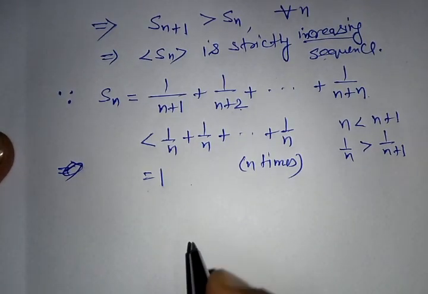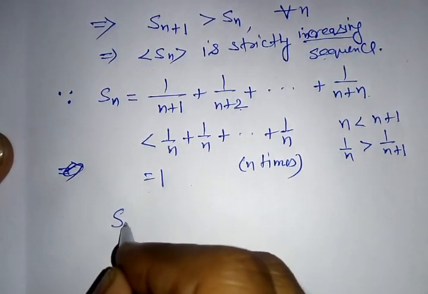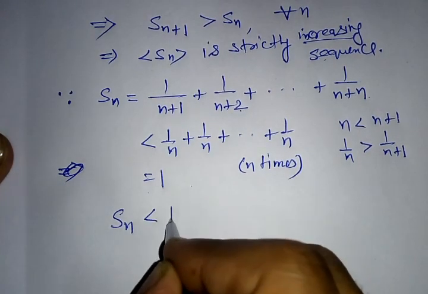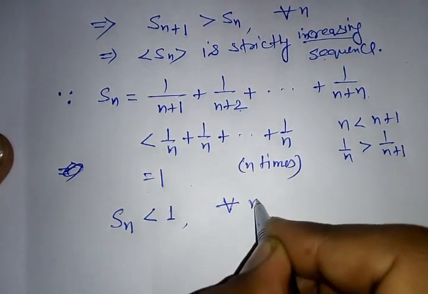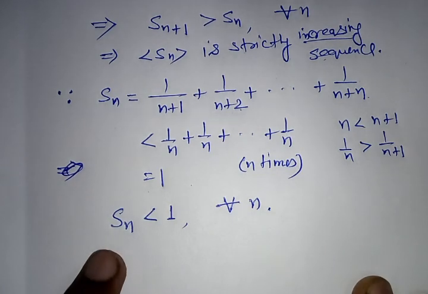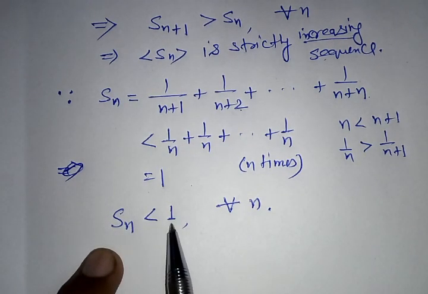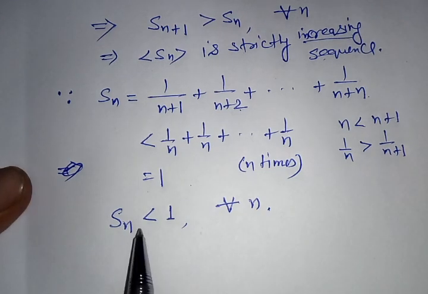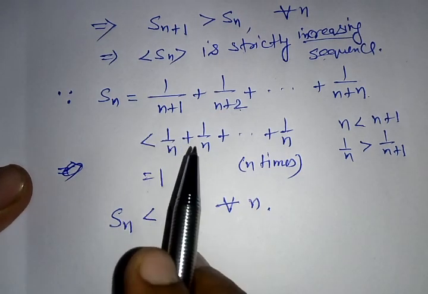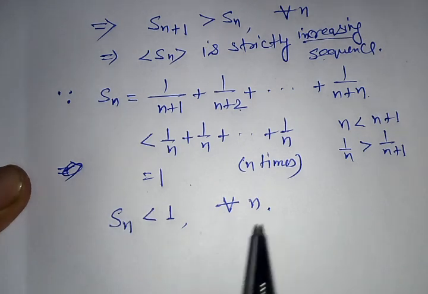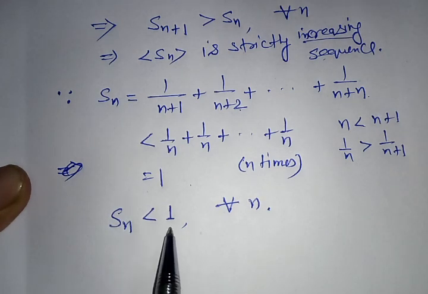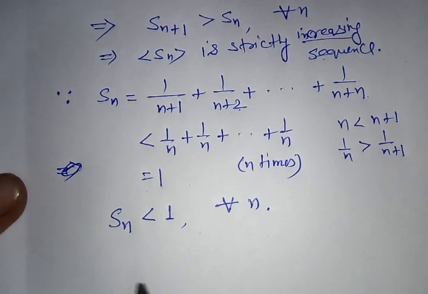So we find Sn is less than 1 for each n. So every term of the sequence is bounded above by 1. So the upper bound exists. Since the sequence is monotonically increasing and its upper bound exists, hence the sequence is convergent.